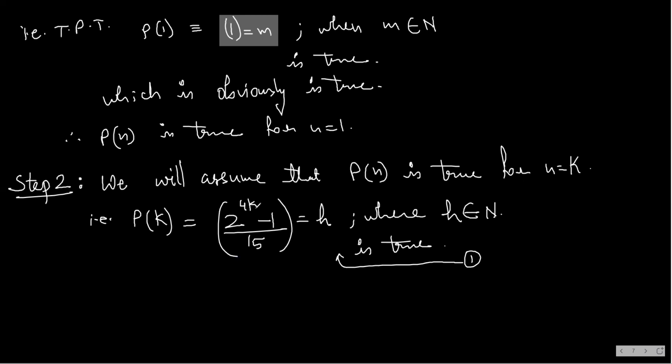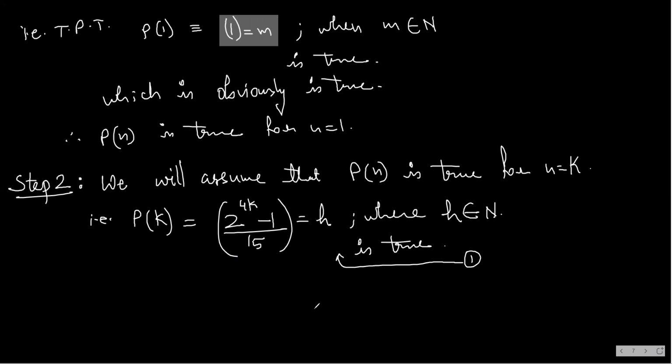So now I have P of k. This is my assumption that 2 raised to 4k minus 1 upon 15 equals H, where H is a natural number, is true.